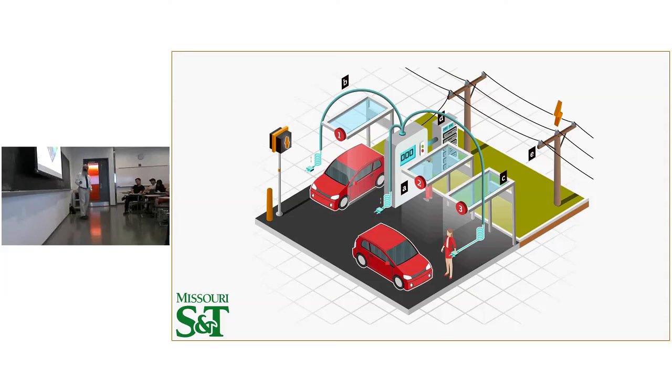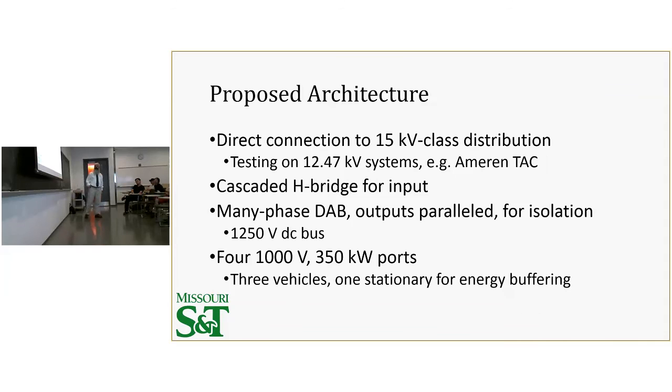Well, we have a stationary battery to smooth off those edges. You have these 3 stations that you plug your car into, and not shown is the convenience store where you get whatever. Okay, so we have our direct connection to a 15 kV class distribution.